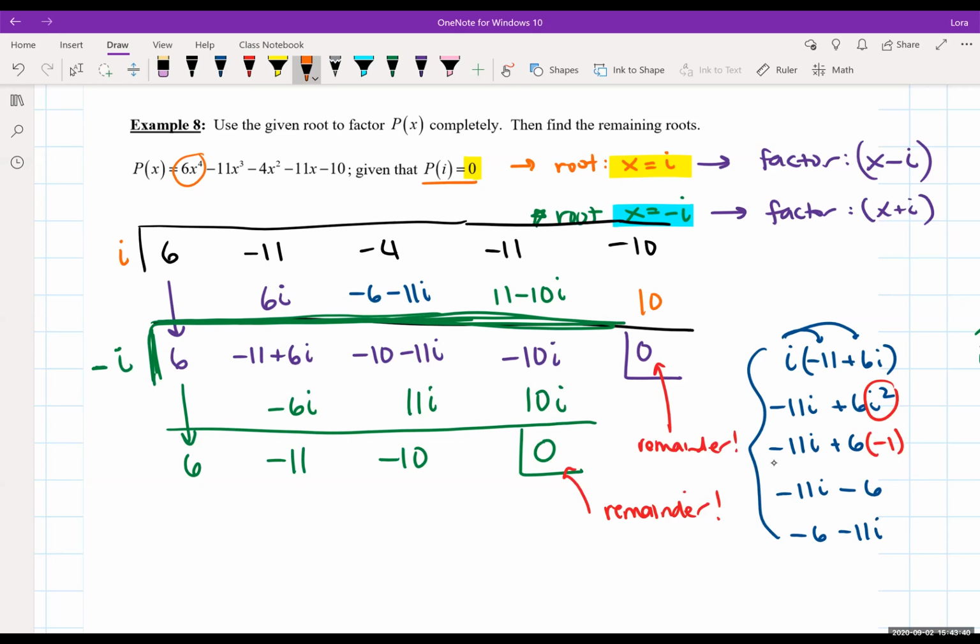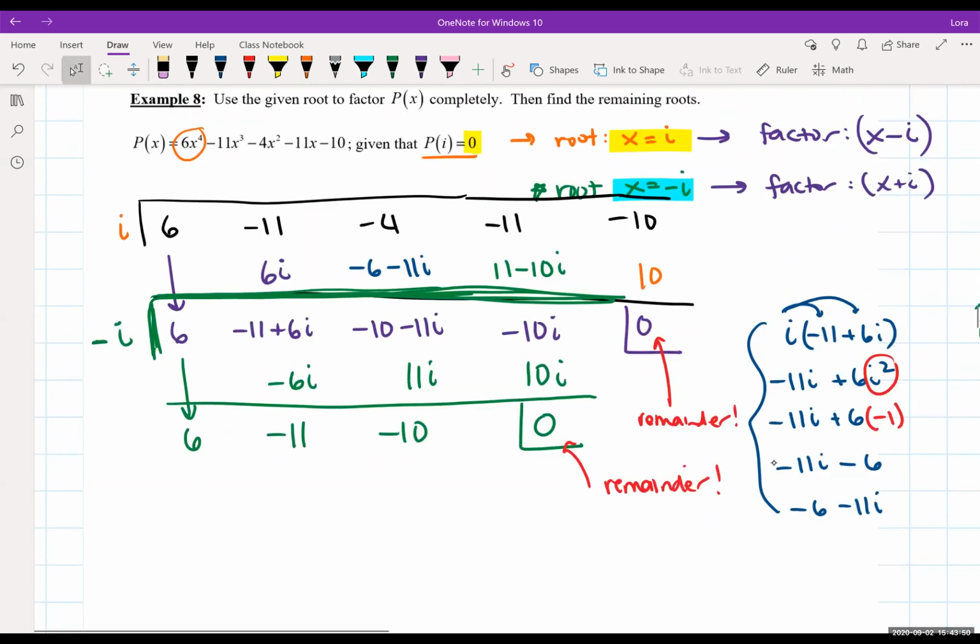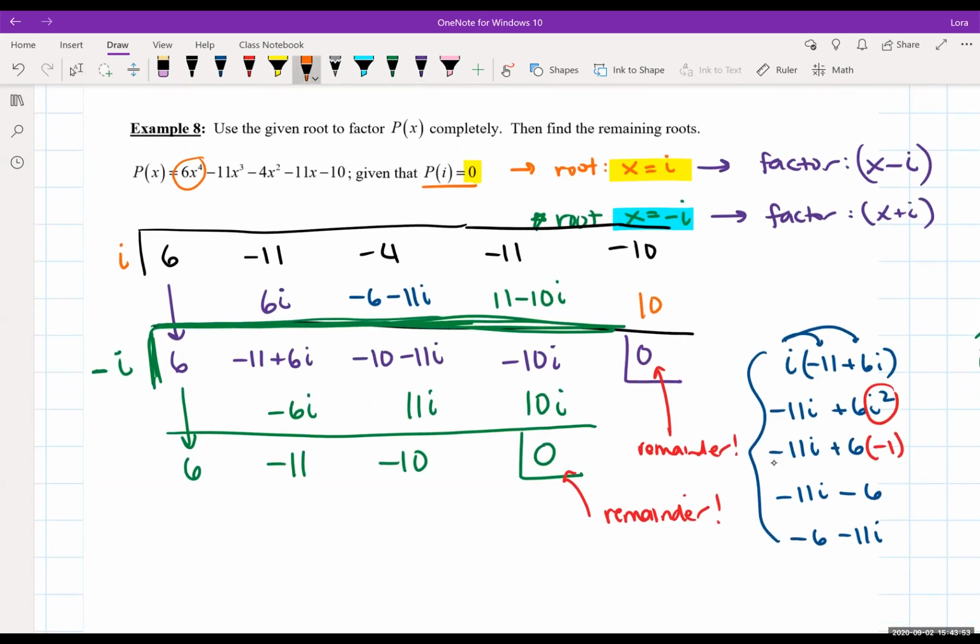So let's take this a little slower and understand what we did, how powerful this is. We just divided a factor, x minus i, into 6x to the 4th. So we went from a polynomial of degree 4. Now in purple, this would be the polynomial of degree 3.